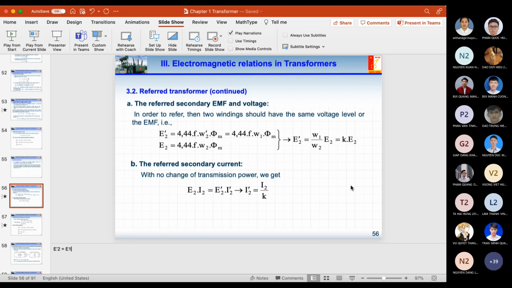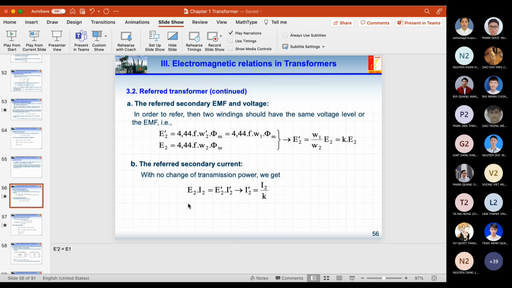Okay, and now we will perform the reference of the secondary current to the primary winding. For doing that we have to imagine no change of transmission power. For this term is the input energy, and here is the output energy also.